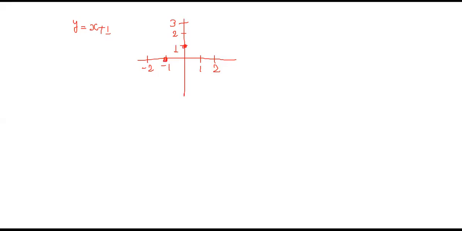Any problem? Can you repeat? Yes. This is the quadrant, and you have to sketch the graph on this quadrant. It means first you will put x is equal to 0, y is equal to 1. And when you put y equal to 0, then x is equal to minus 1.